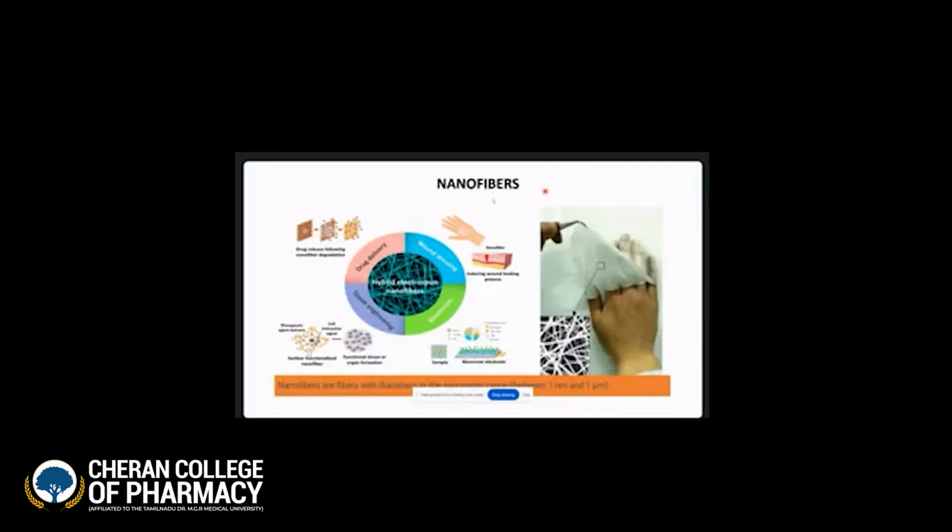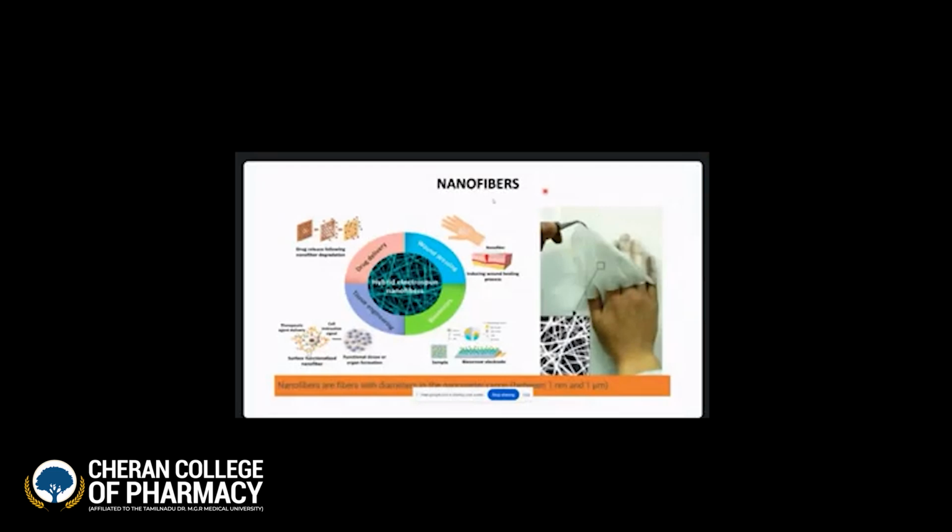It means when we use nanofiber, we can make a sustained release drug as well. So there is no need to frequently change the dressing in the wound area, because of the sustained release over long durations. Next you can see here metformin. Metformin, we all know, is an anti-diabetic drug.